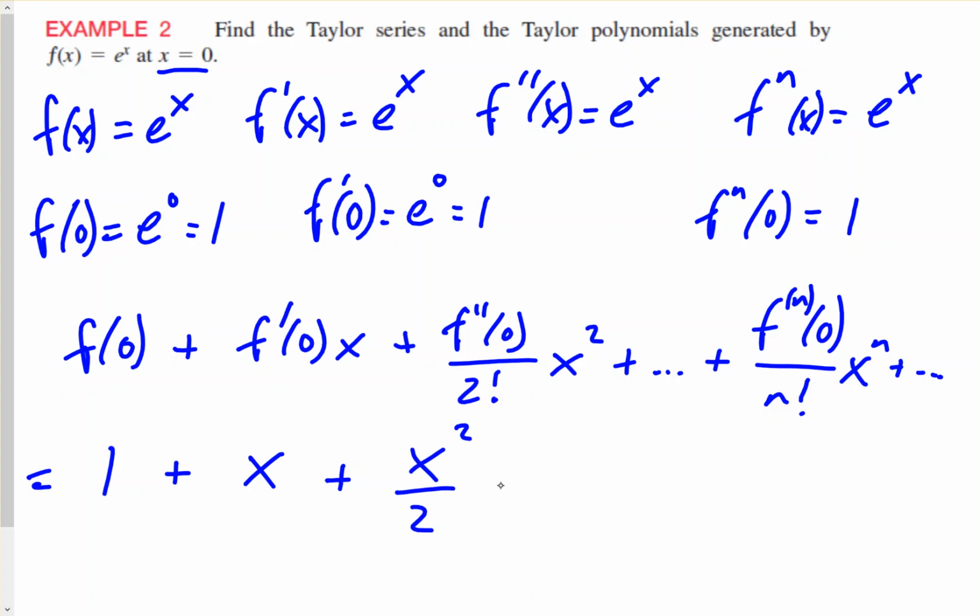If we took another term, it would be f triple prime of 0, so it would be x cubed over 3 factorial, which will be 6, and so on and so forth. So it will be x to the n over n factorial.